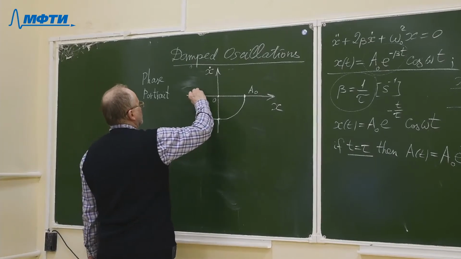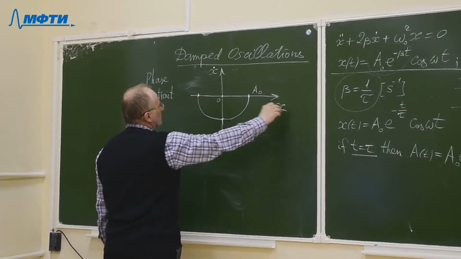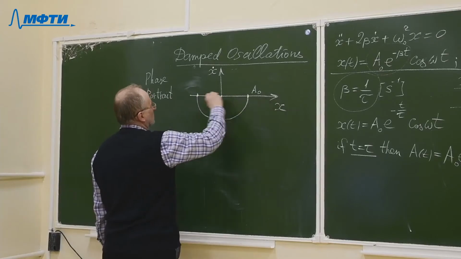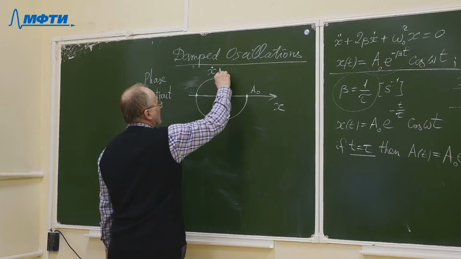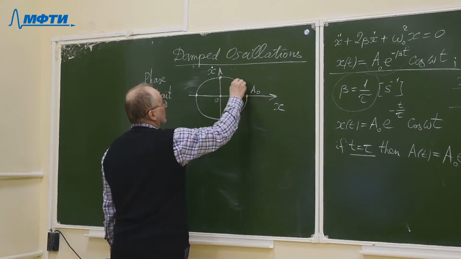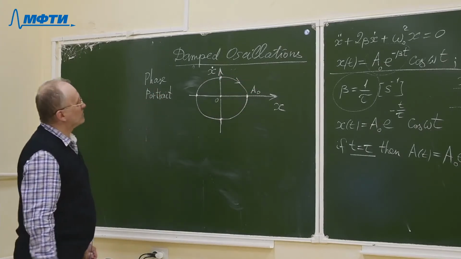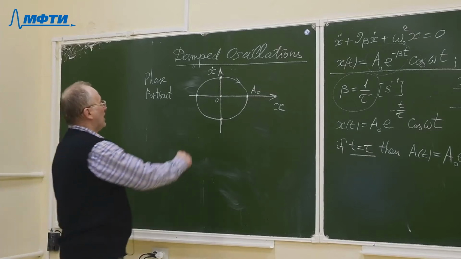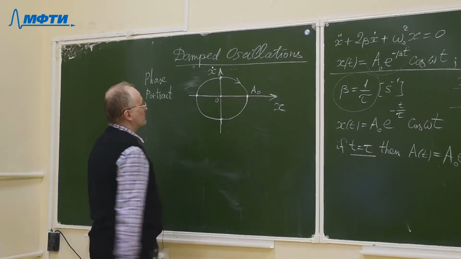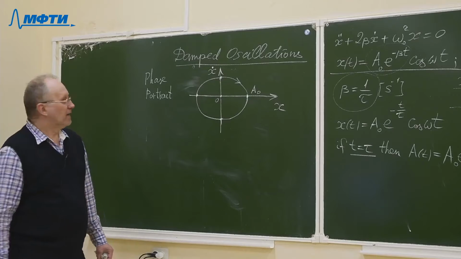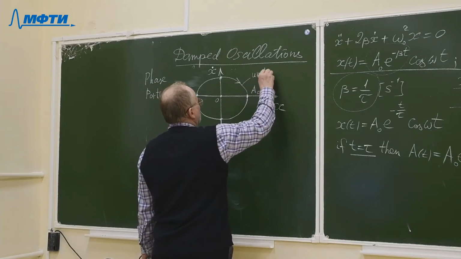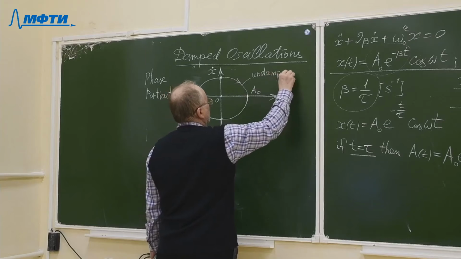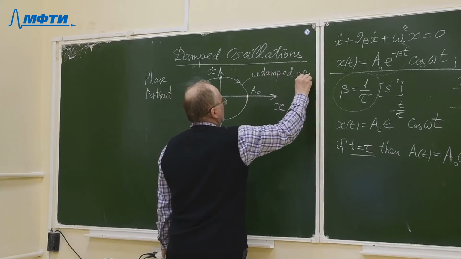And then the body will continue moving in the positive direction of displacement, and the velocity will become also positive. And then the body will return to this point, and that will be undamped oscillations. Undamped oscillations will have such a phase portrait.